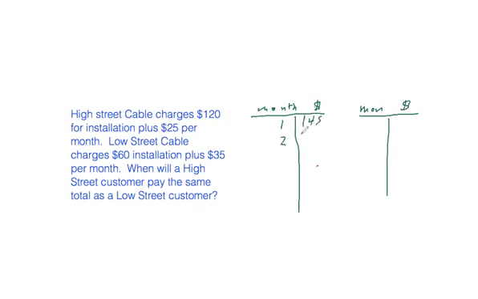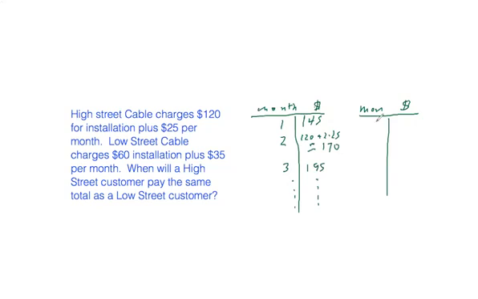Month 2, we'll have 120 plus 50 because he's found 2 months. 120 plus 2 times 25, like that. And that's going to be 170. After 3 months, that'd be 195, and so forth, and go on and fill those in.